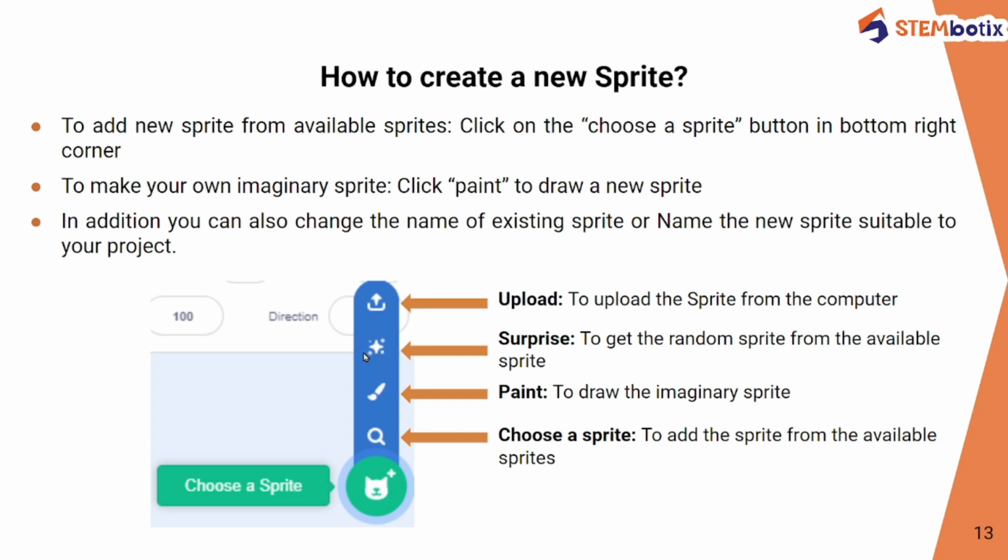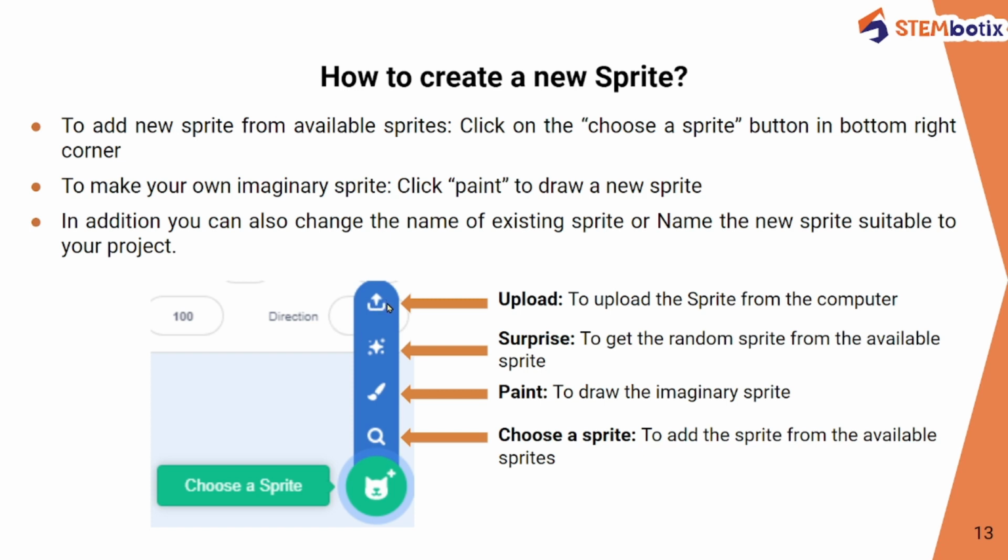After that, there is this button. We have already discussed this button in the third part of this tutorial. This is the button which is used to surprise. Means if you want to have any random sprite from existing Blockzie sprites, you can just click on it and you will be surprised with a random sprite on your screen.